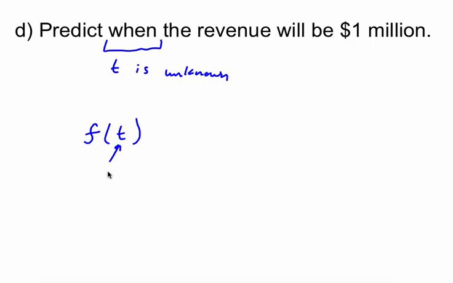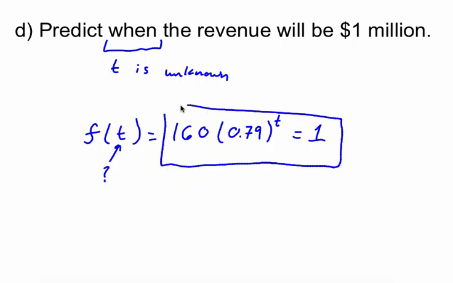So I don't know what year. So what year will this equation equal 1 million, or the output in this case would be 1. Okay, so I need to solve for t.